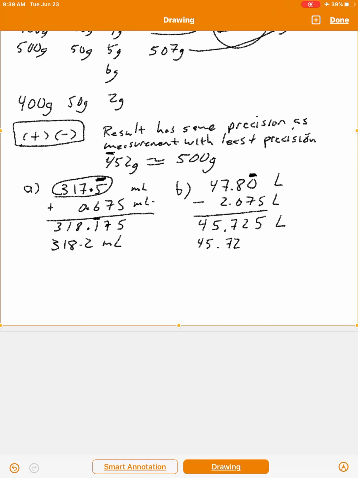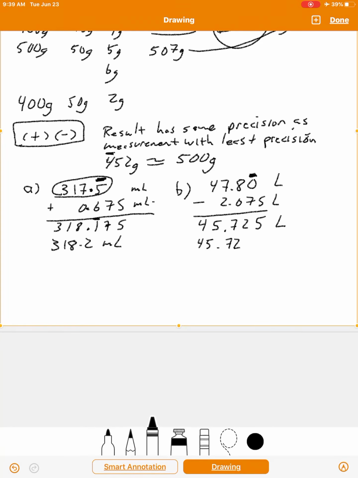So I'll be honest with you, it's up to you how you want to round it. Generally, I would round this up. So round it up to 0.7. 725 would be rounded to 0.73. And there's your answer.